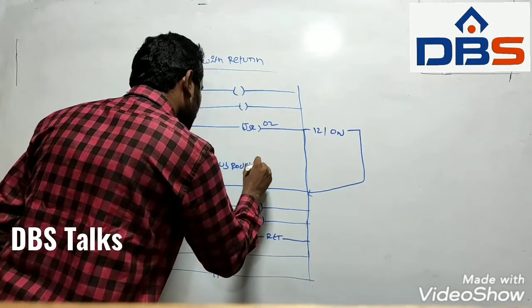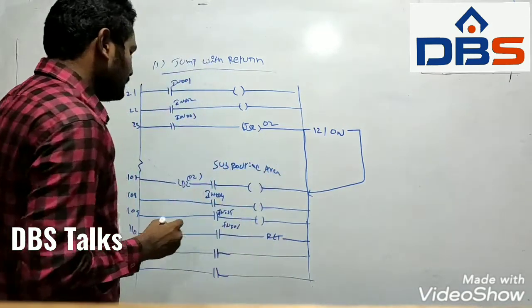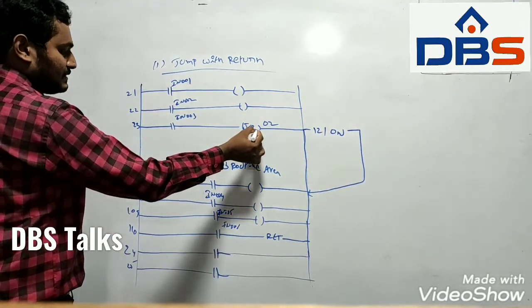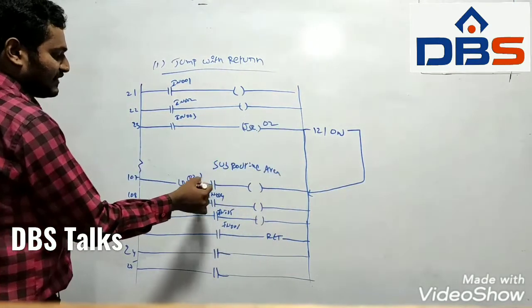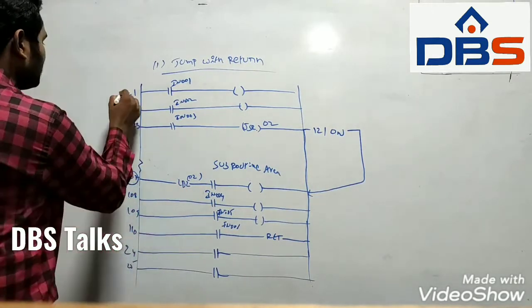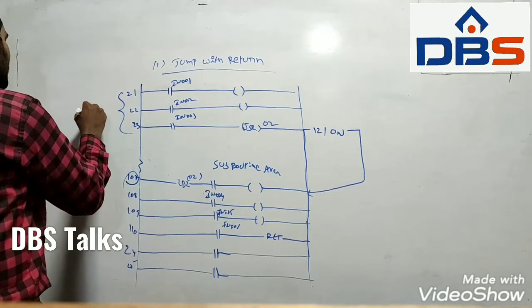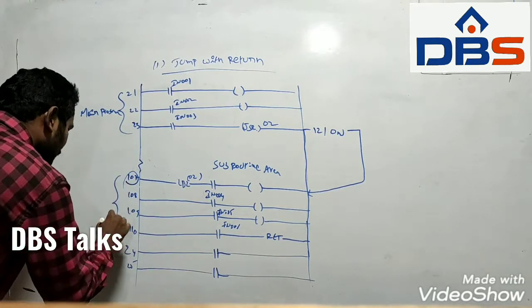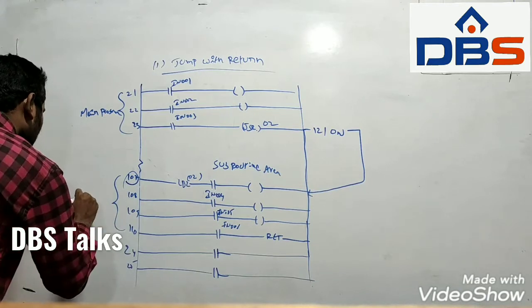So this one is the subroutine area, where the label is found. That means when the JSR function is true, it jumps to the label function at 107. Lines 21, 22 and 23 are part of the main program, and lines 107 through 110 belong to the subroutine area.